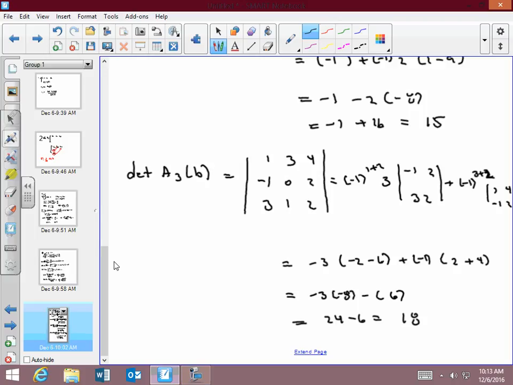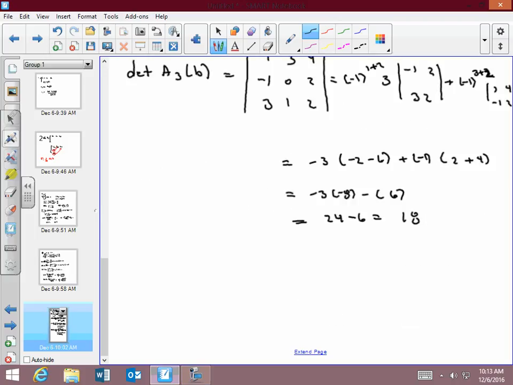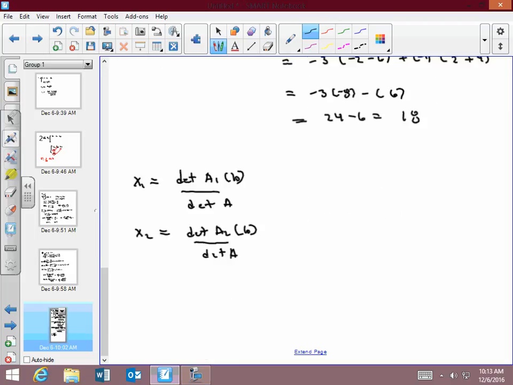So 15 is going to be the denominator. X1 is going to be the determinant of A1B over determinant of A. X2 is the determinant of A2B over determinant of A. X3, well, this one is 18 over 15, isn't it?